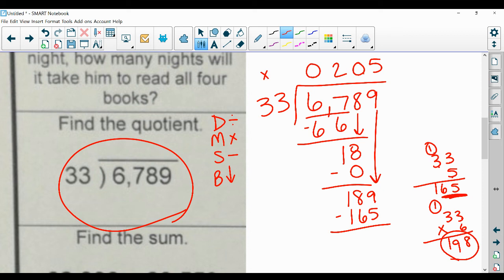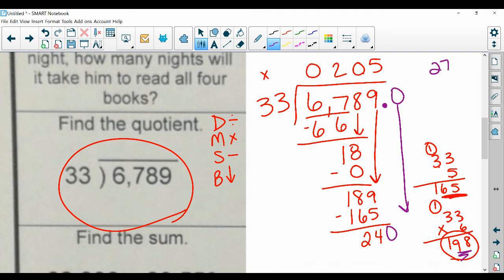We'll subtract. 9 minus 5 is 4. 2. There's nothing here. So we can't just end with 24. 24 is our leftovers, and we don't do remainders. So we've got to add a decimal, add a 0, bring down our 0. So now we have 240. 33 times 6 got me kind of close, so I want to bump it up a notch.